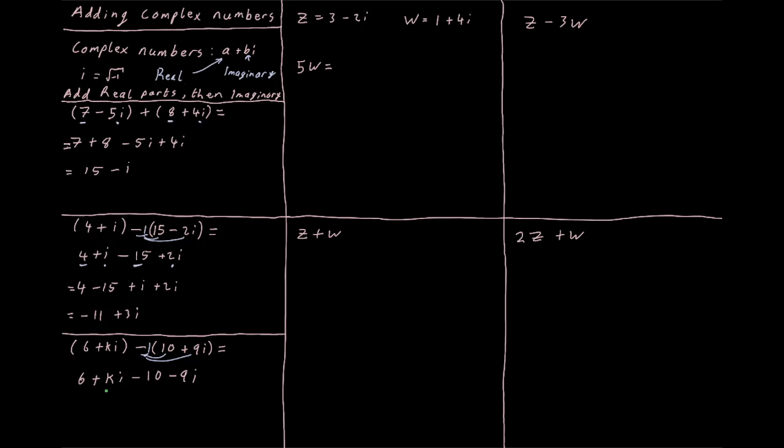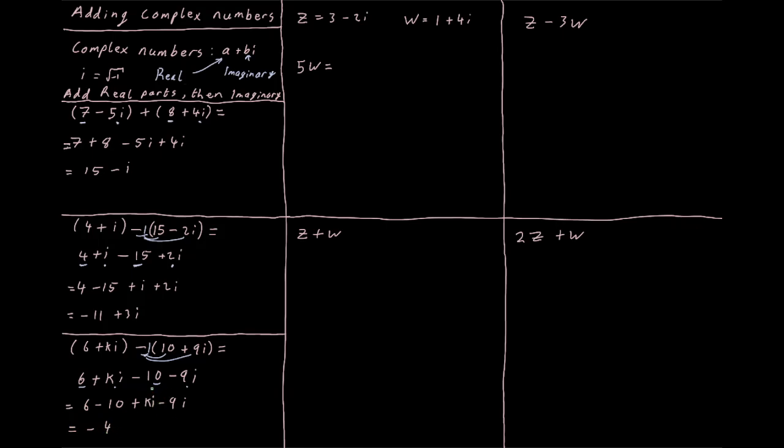Gather together the real and the imaginary. And we get 6 minus 10 in our real plus ki minus 9i in our imaginary. Our real parts we can just subtract, and we end up with minus 4.